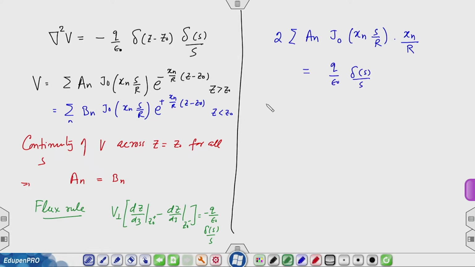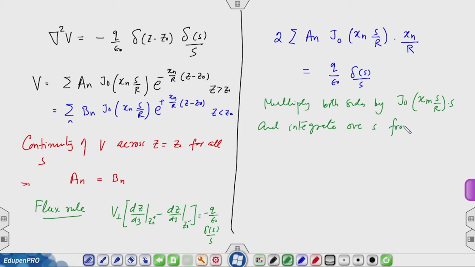Now I'll multiply both sides by J0(x_m s over r) times s and integrate over s from 0 to r.